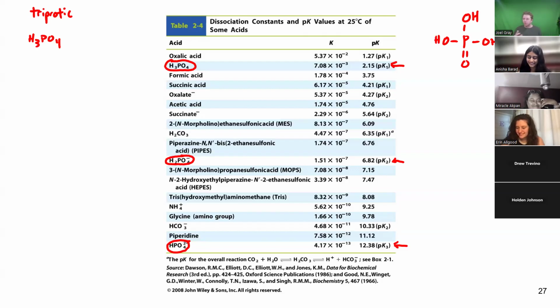Okay. So here is our fully protonated form of H3PO4. Now, my question for you guys, and this is not a trick question, but this is an important question for you to recognize because this is going to be valuable as we proceed.